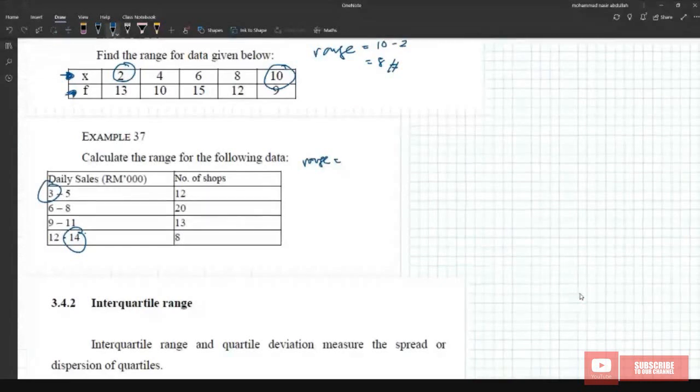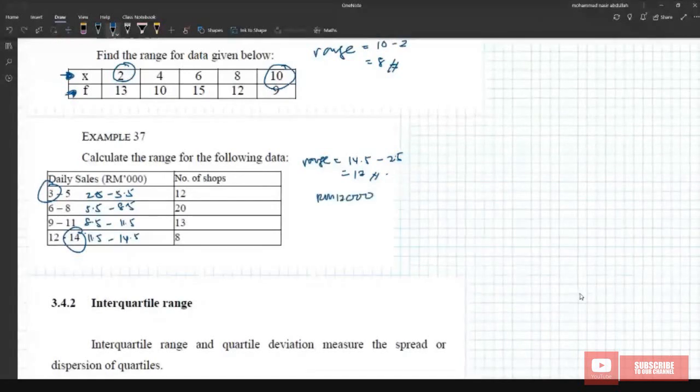So this is 2.5 to 5.5, 5.5 to 8.5, 8.5 to 11.5, 11.5 to 14.5. So range is 14.5 minus 2.5, so we will get 12 only. So the range of daily sales is RM12,000, right?